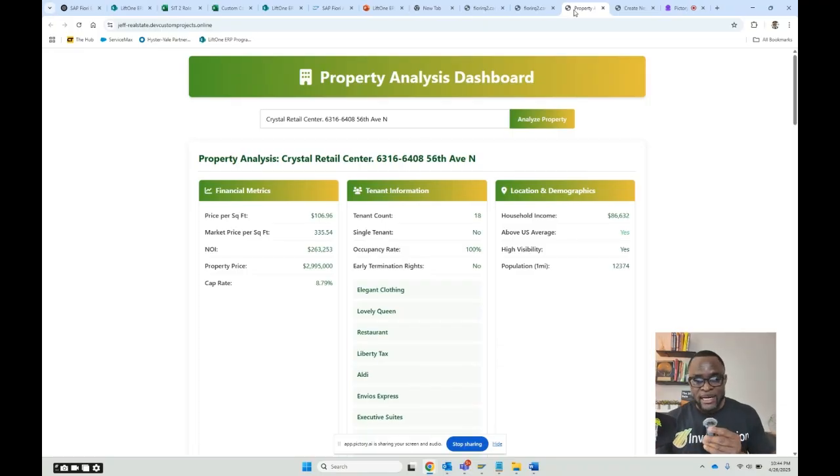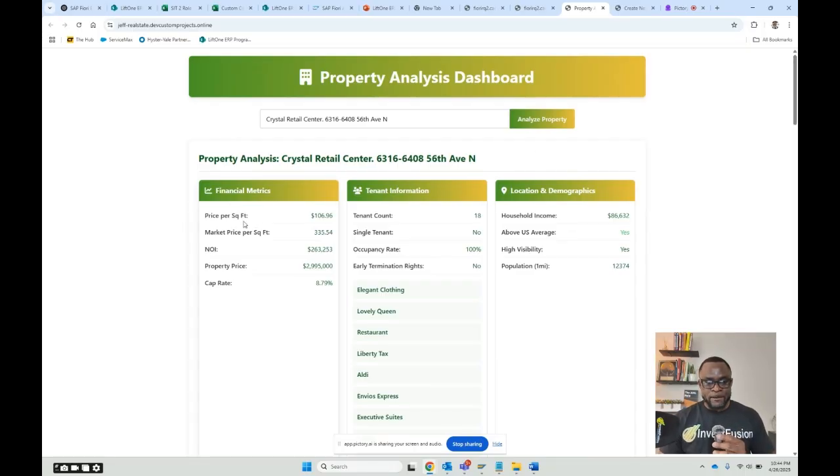You can see right now it has given you access to this data. Let's go step by step and analyze the data it gives you within just a click, just by clicking Analyze Property. First of all, it gives you the financial matrix.